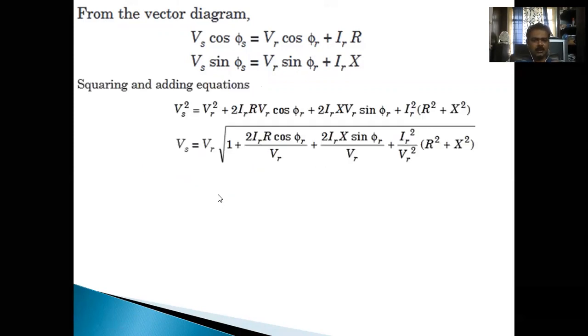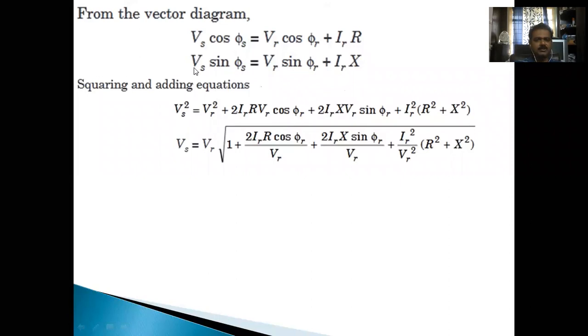Next, from these two equations, squaring and adding. Just square the two equations. For the first equation, if we square on both sides, this becomes (a plus b) whole square equal to a square plus b square plus 2ab, and add those two.